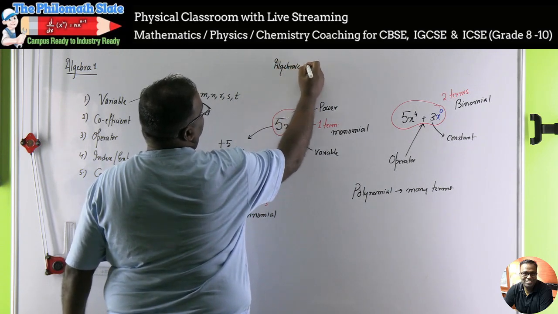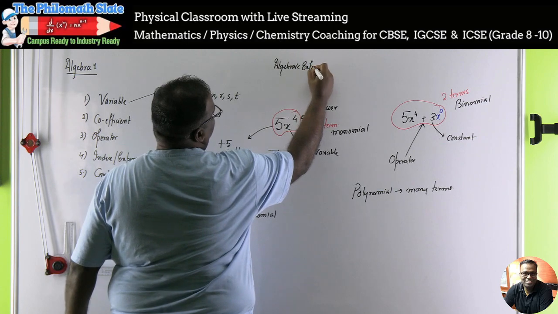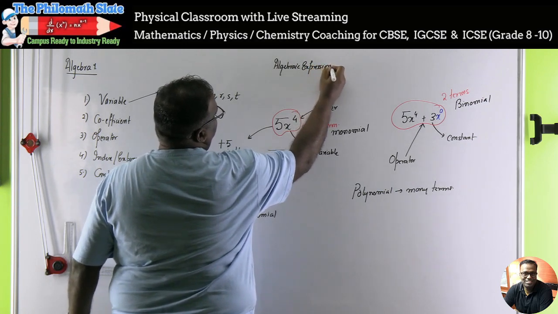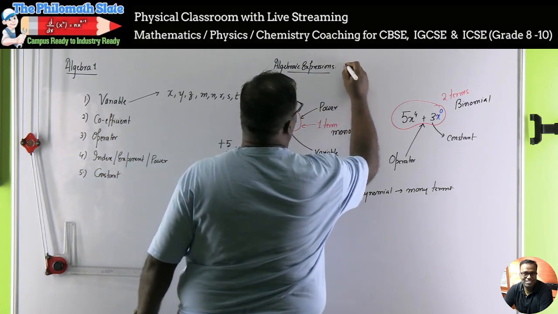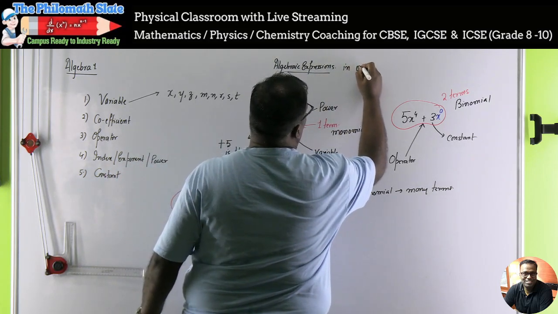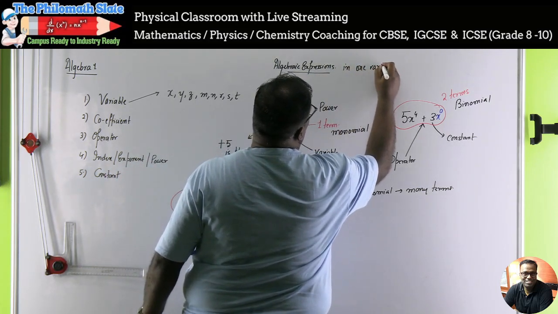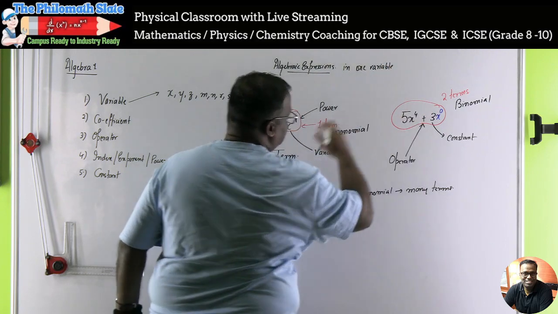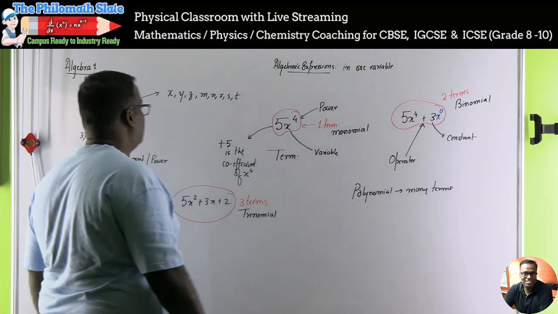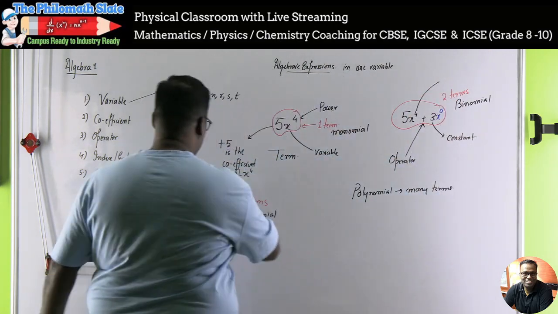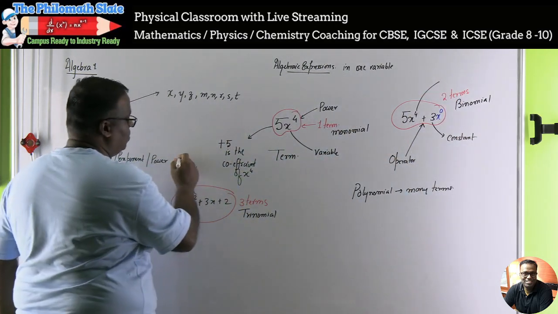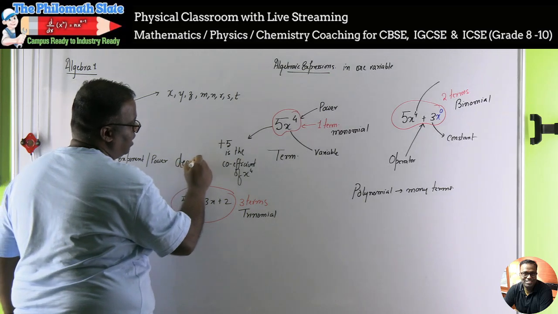What is common between them is they are all algebraic expressions in one variable. If you see, there is a single variable x in every one. The highest power is known as the degree.